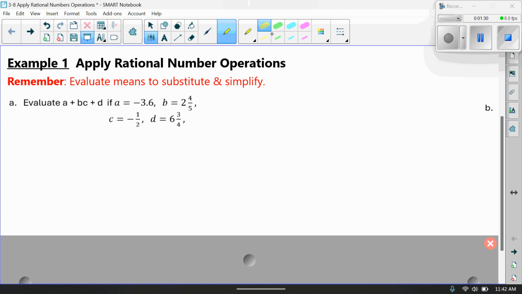So we're going to put this A in there for A. We're going to put this B right there for B. We'll put this C right there. And we'll put this D right there. Okay? So let's do it.